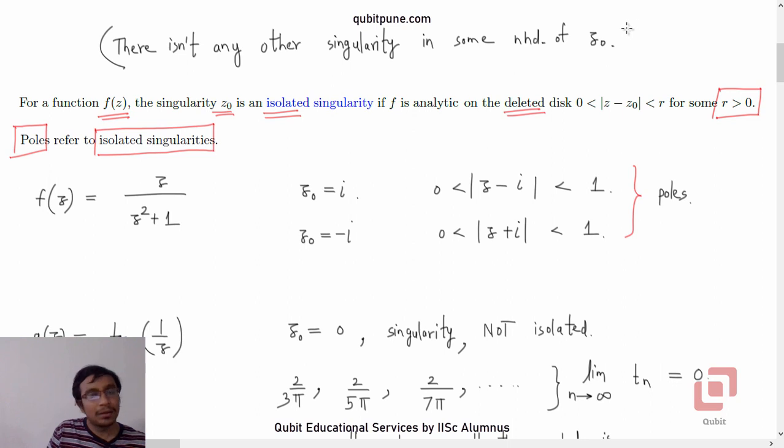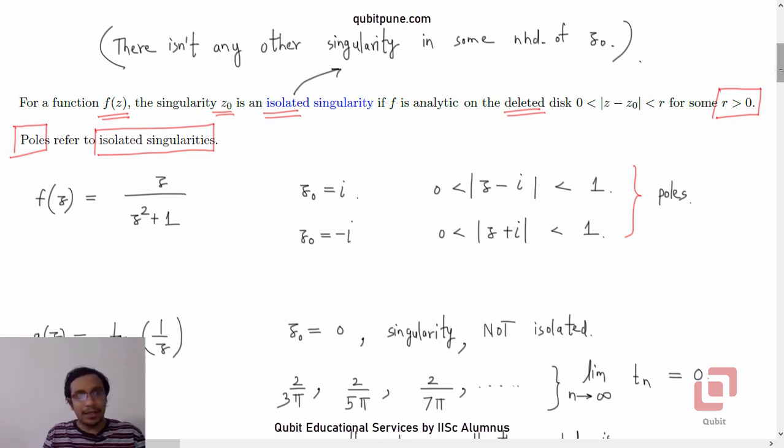This is the other way of defining isolated singularity, and the word isolated conveys everything that the whole thing wants to convey. Let us now talk about two examples which we already discussed. One of them will have isolated singularities and the other one will have one non-isolated singularity.